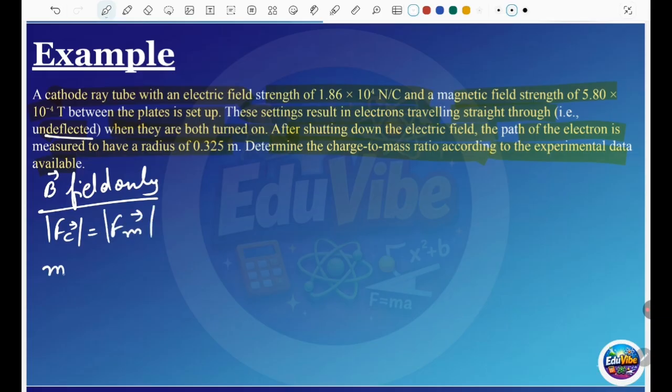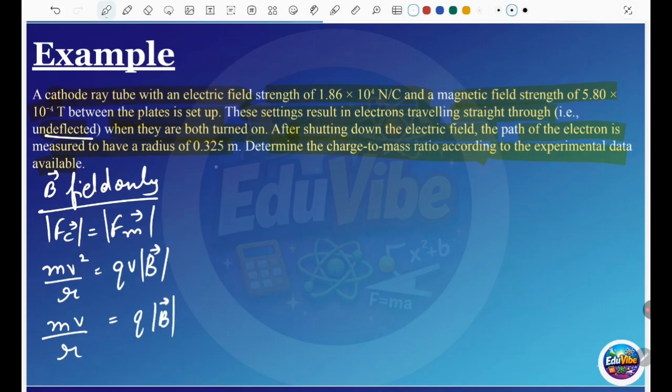So mv squared upon r is equal to qvB. From here, mv upon r is equal to qB. To find the charge to mass ratio, you can isolate q upon m and you get this.